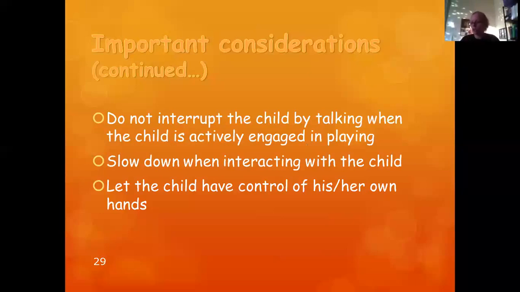We're too eager to rush in and take control of our kids' bodies and do things for them without giving them a chance to do whatever they can to participate within that activity. Let the child have control of his or her hands. We're not doing that hand over hand thing. They've got to have control of their hands. If they want to pull away and come back, they're going to pull away and come back.